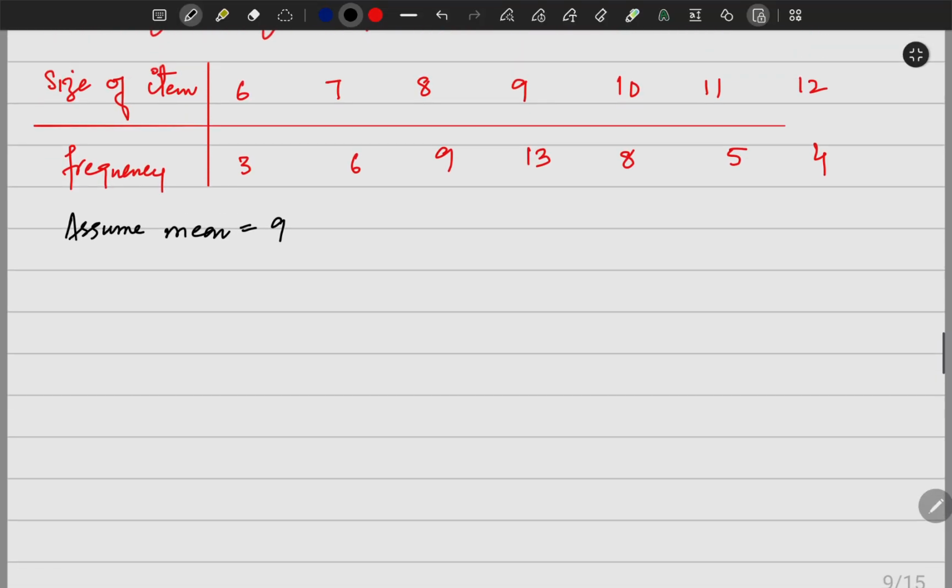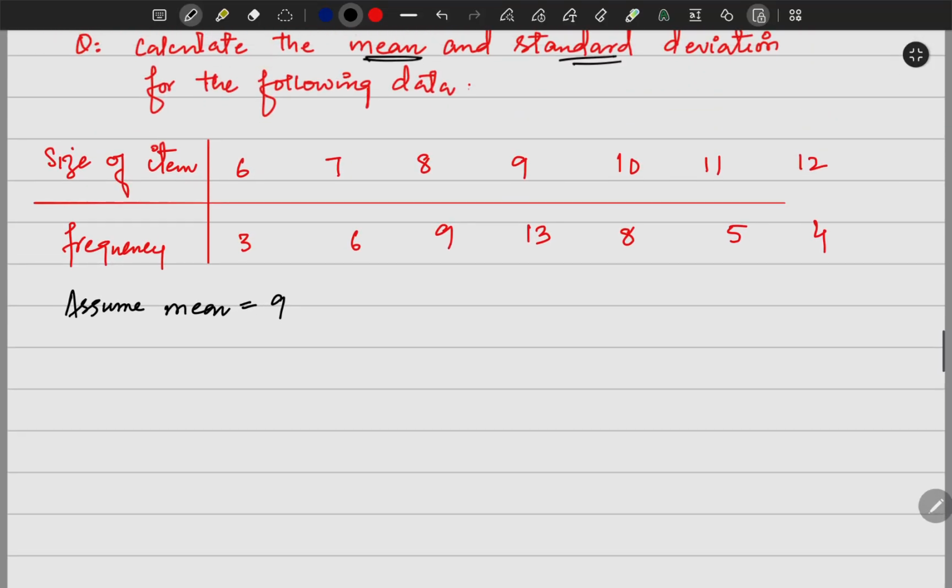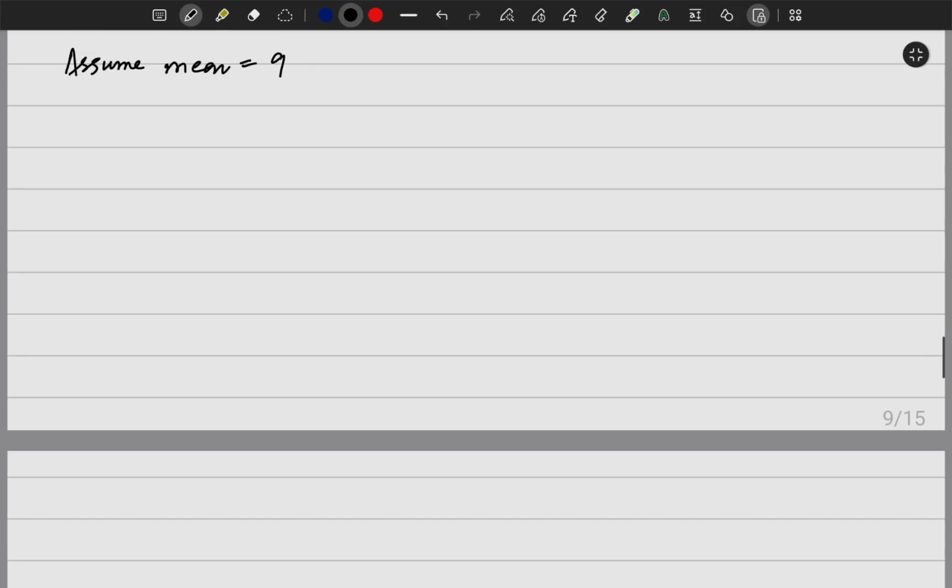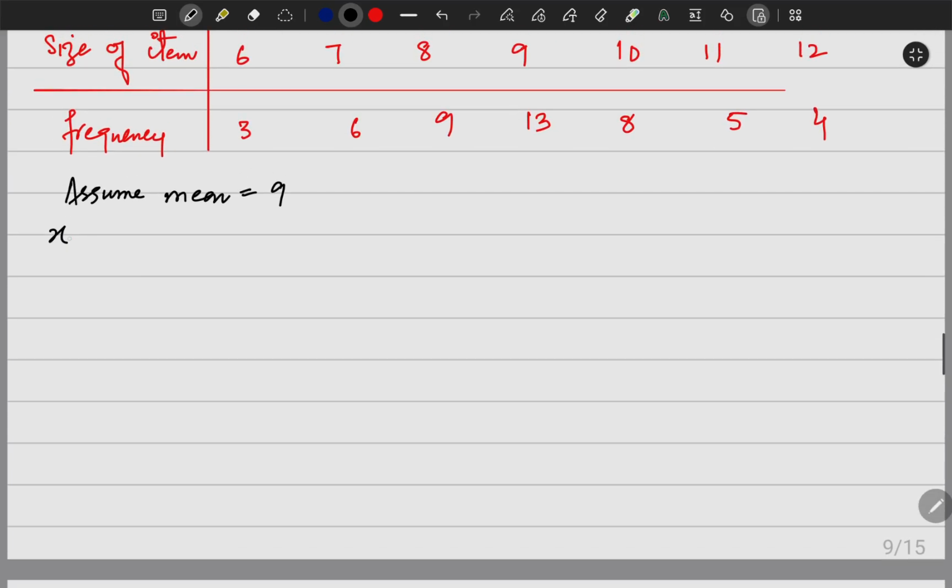So now you know how to find the deviation. First, we will write the x, which is 6, 7, 8, 9, 10, 11, 12.